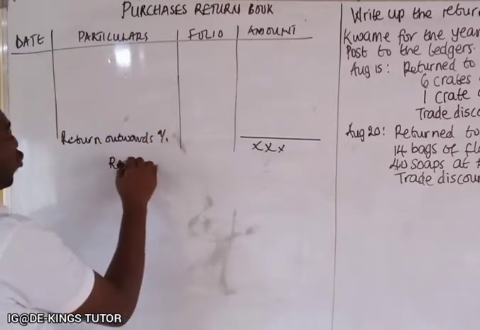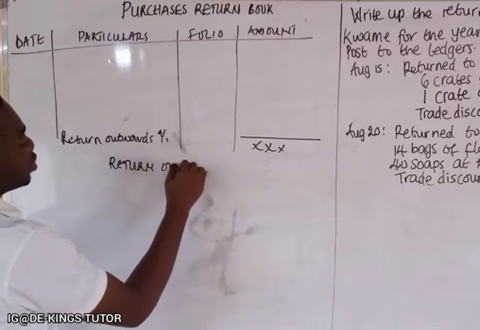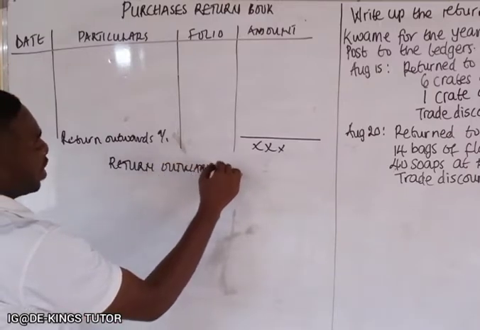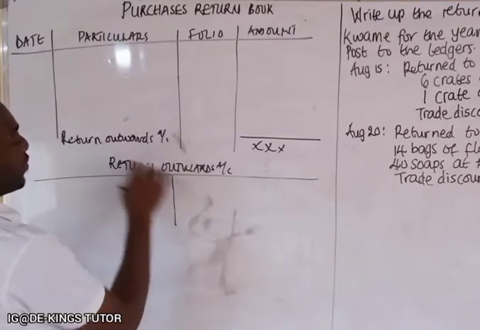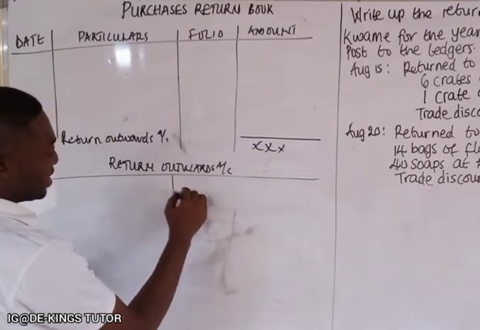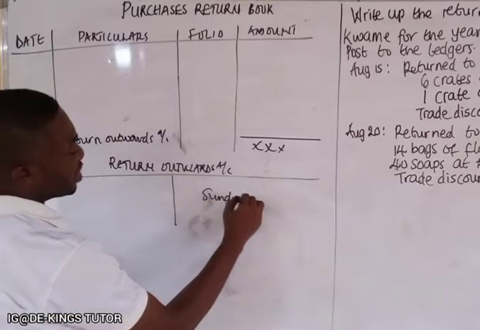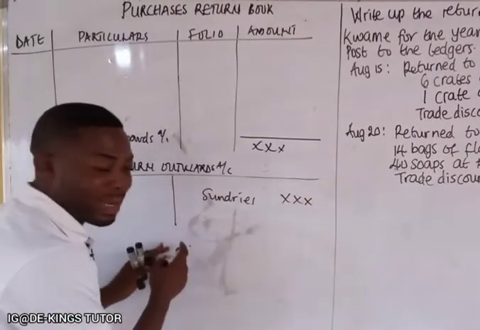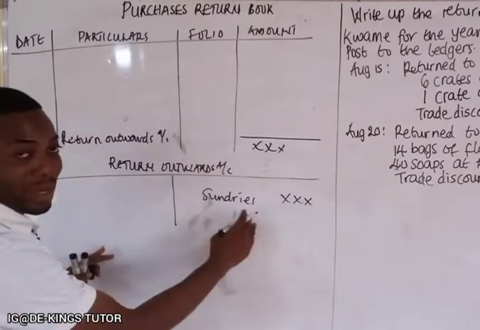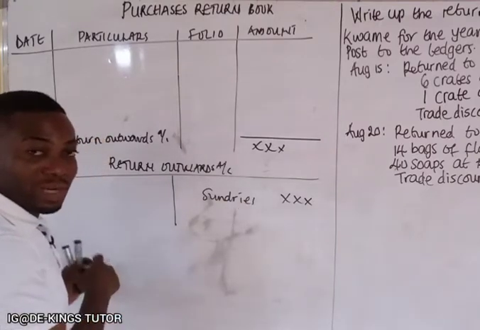So if we open the return outwards account, we'll credit it here on that date and write sundries, that's the summation of all. The individual supplier accounts will be debited with the amount, since it is going back to them and they're receiving it.